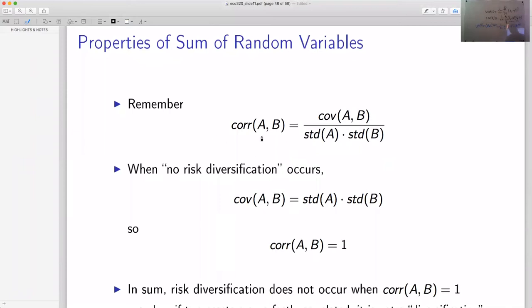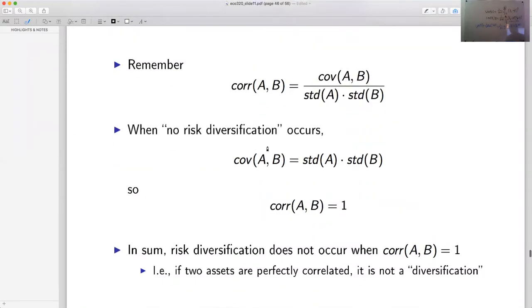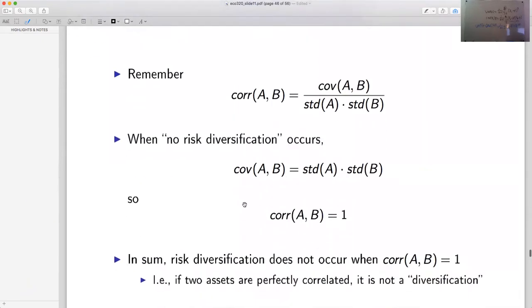So correlation was here from previously, and if no risk diversification occurs, then this was the ideal. So the correlation of these two are equal. That means if this correlation is 100%, or just one, perfect correlation, then there is no benefit of diversification.